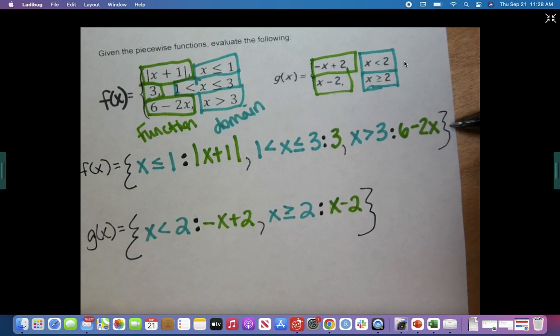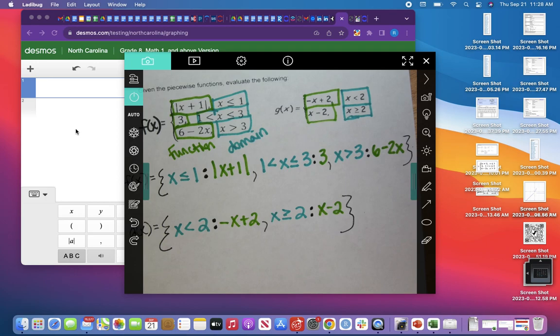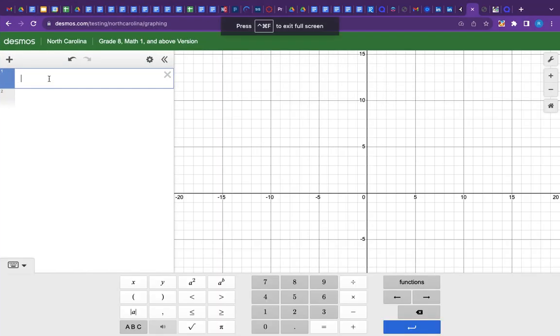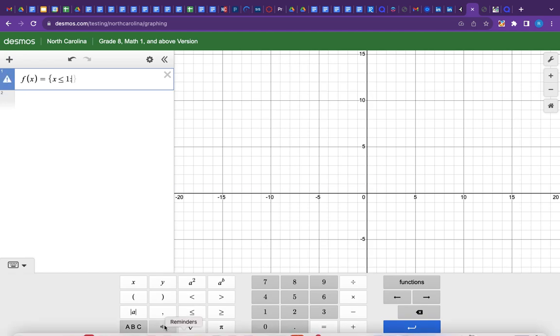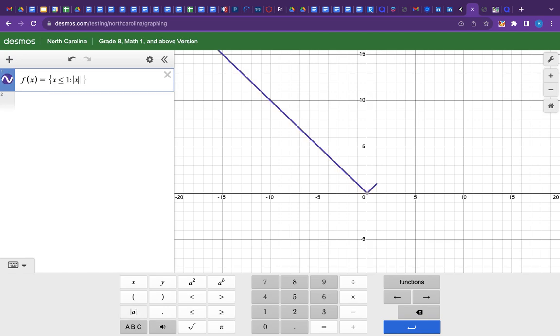So I wrote it out. This is exactly what you're going to type into Desmos. So if you have not already, go ahead and type that in. And I'm about to type that in too so we can evaluate. All right, so f of x equals, curly brackets, x is less than or equal to 1, colon, absolute value, x plus 1. So that was my first part.